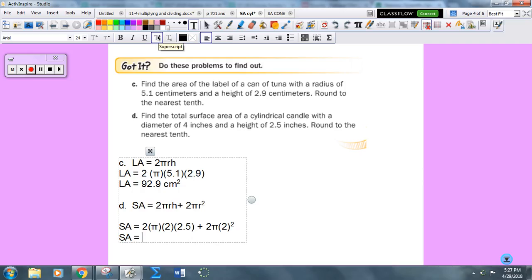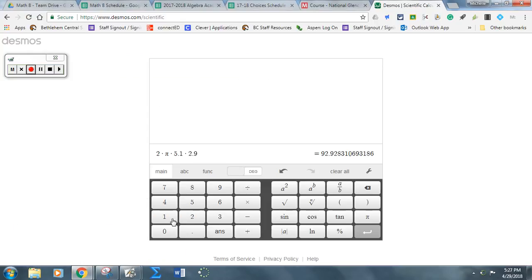And in that calculator, I'm going to get the surface area. So I'm going to clear it off. I'm going to do 2 times pi times 2 times 2.5.